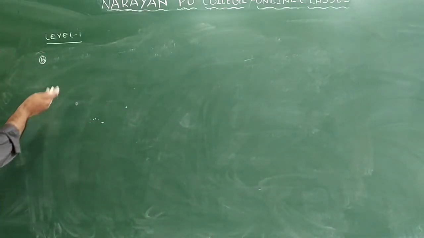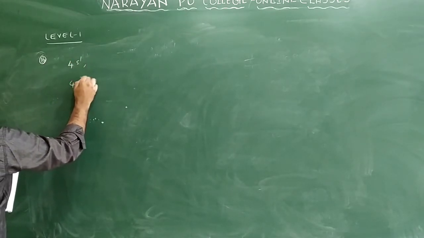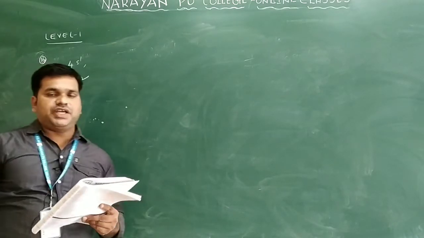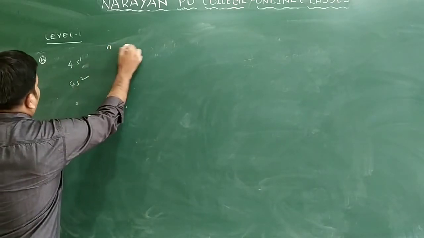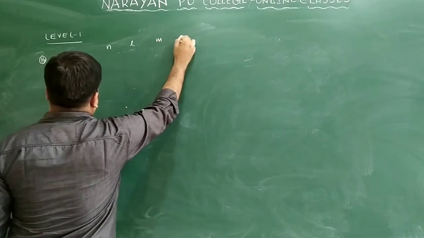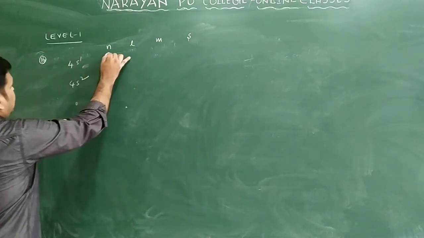Suppose I am taking any one group, I am writing here 4s1 and 4s2, the last electrons of the same group only. So I will take n, l, m and s for 4s1. What is the n value? n value is 4.